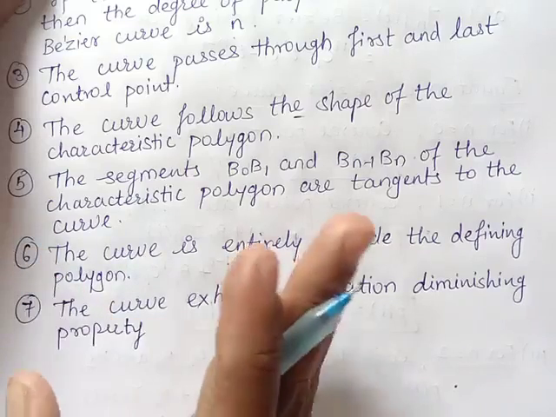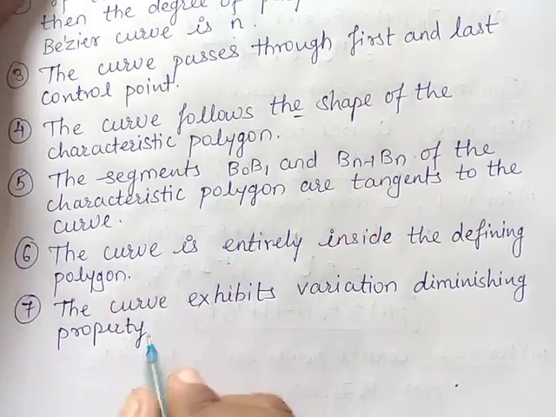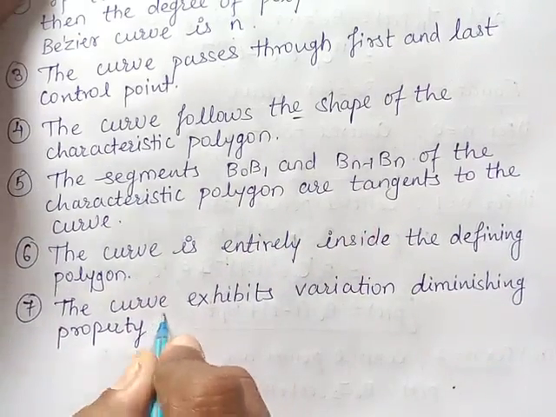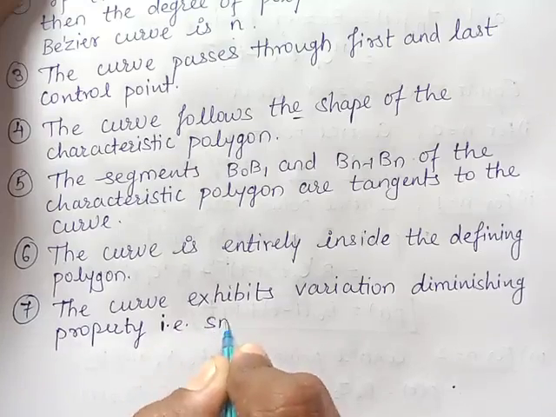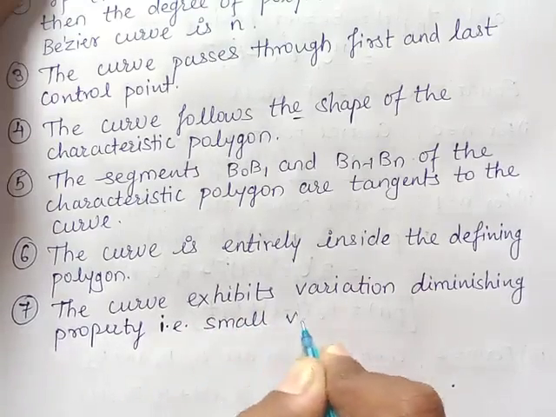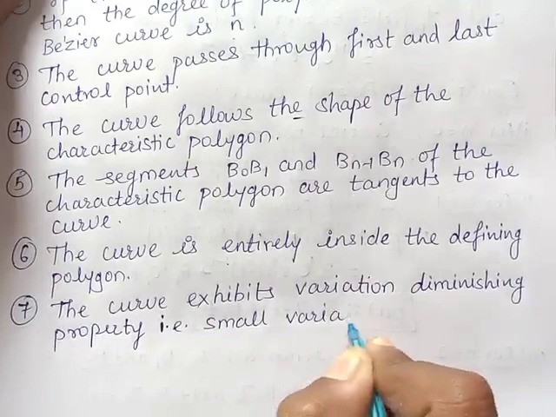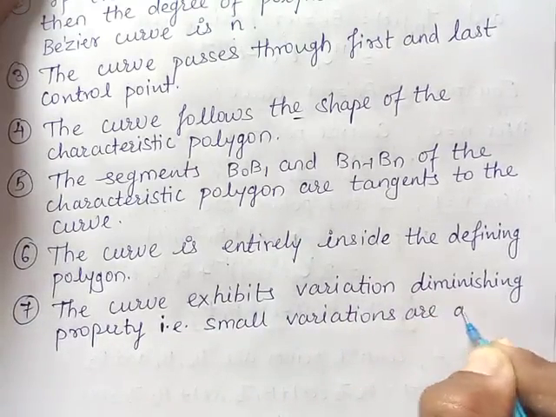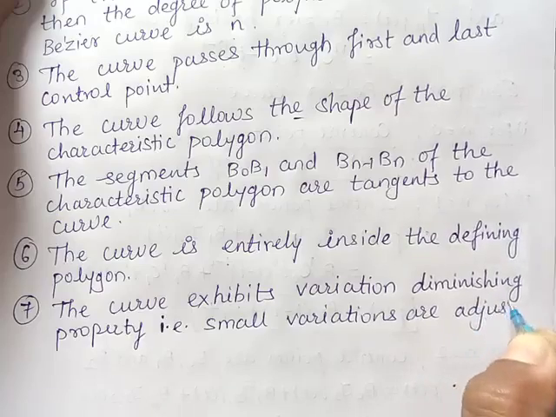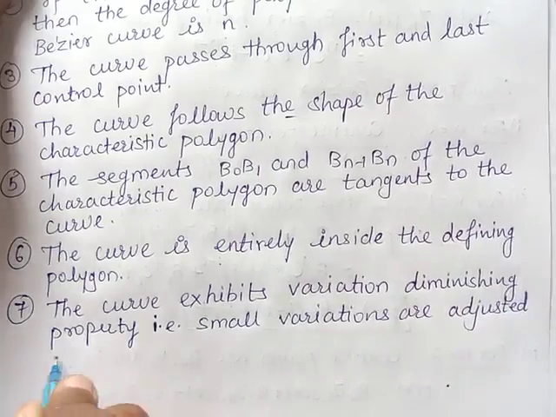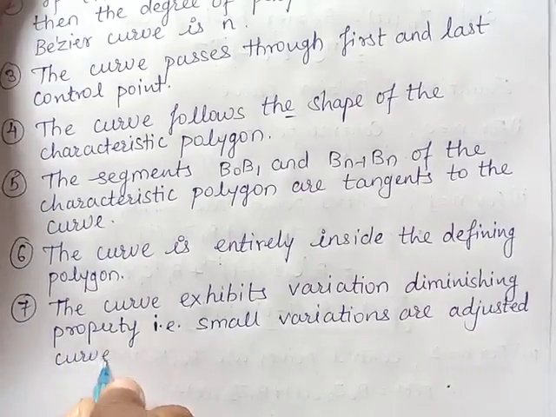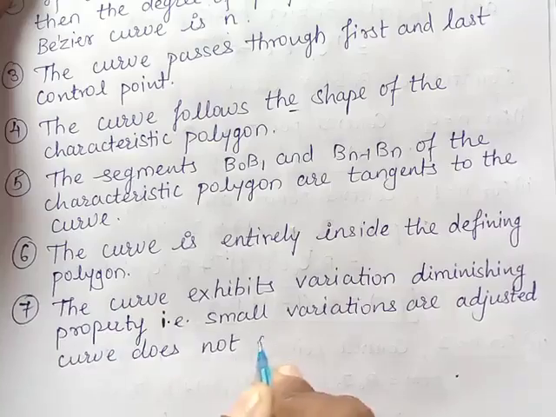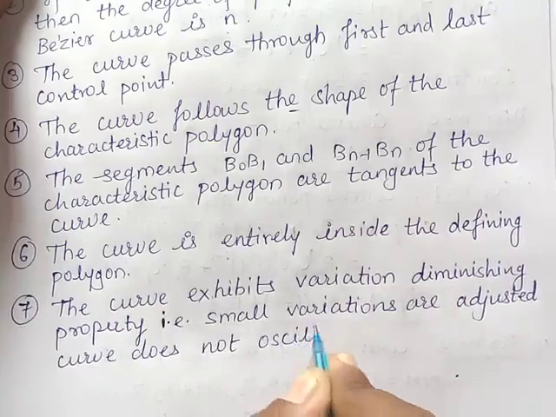Curve doesn't oscillate due to that. That means it exhibits variation diminishing property. That is, small variations are adjusted. Curve does not oscillate. It doesn't oscillate.